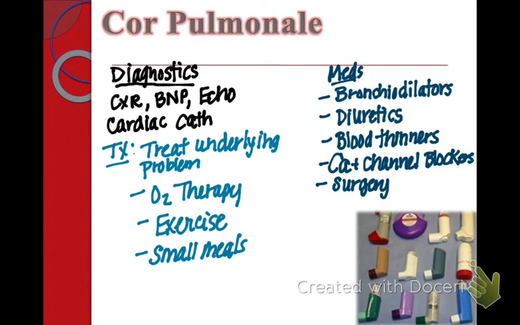And a lot of times, how are they going to treat it? They're going to treat the underlying problem. If it's lung disease, they're going to treat it with bronchodilators, O2 therapy. A lot of times they'll treat it with exercise, and I know that sounds kind of counterproductive, but a good exercise regimen strengthens the body.